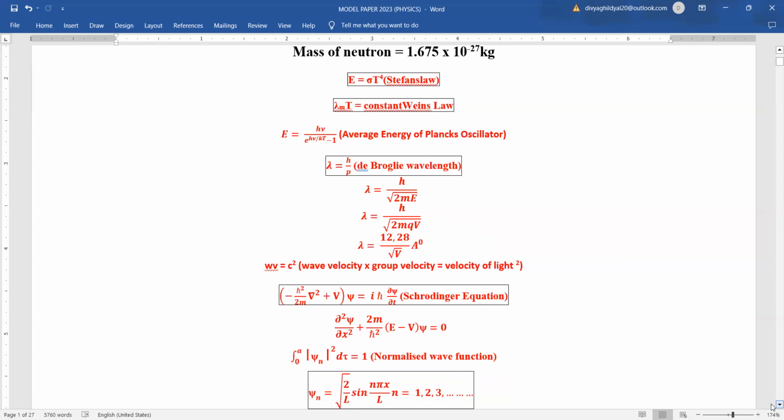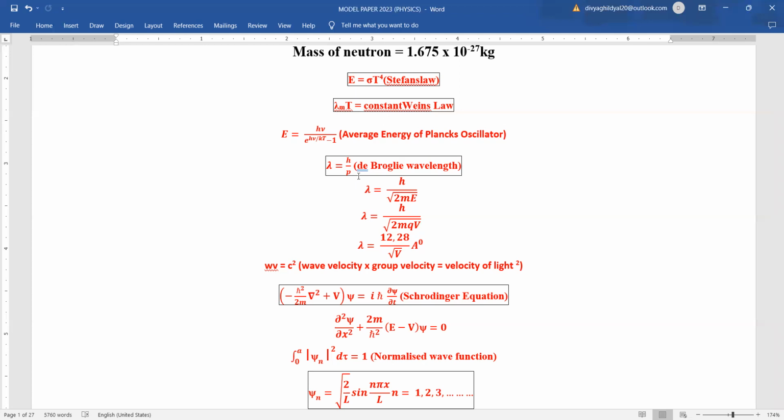k is Boltzmann constant. The most important part of quantum mechanics is de Broglie wavelength. You can expect a question every year on de Broglie wavelength, either a numerical or a derivation. All you can solve with the help of the formula lambda equal to h upon p, where p is momentum, h is Planck's constant.